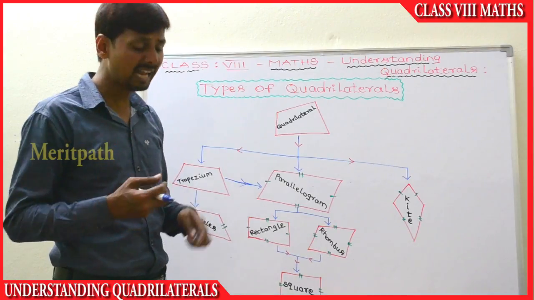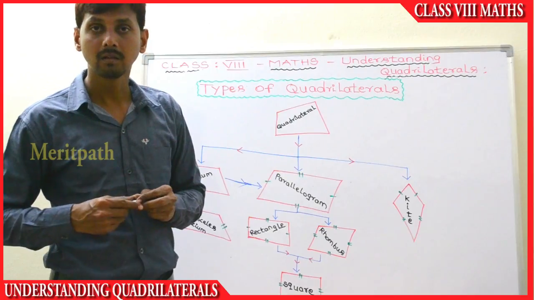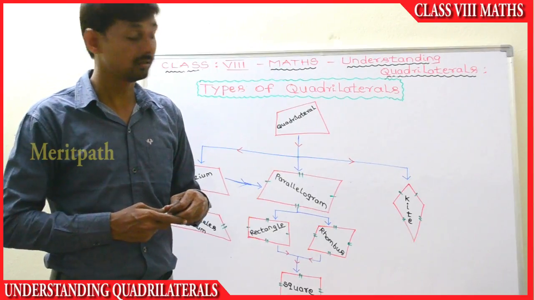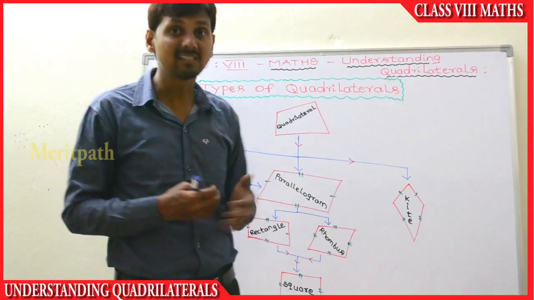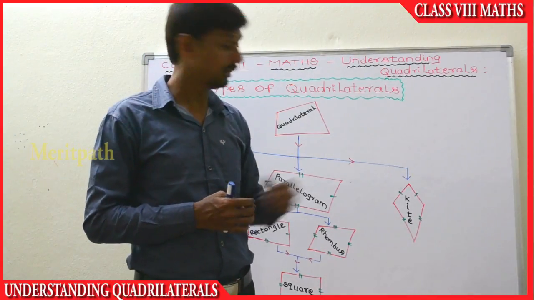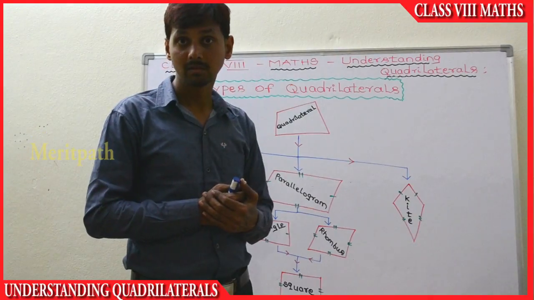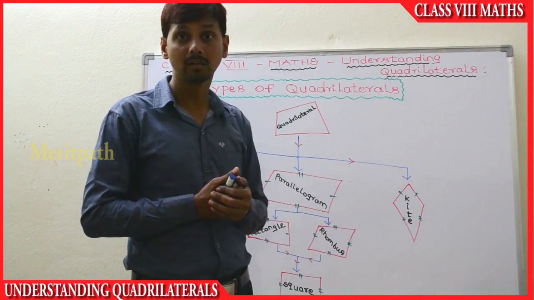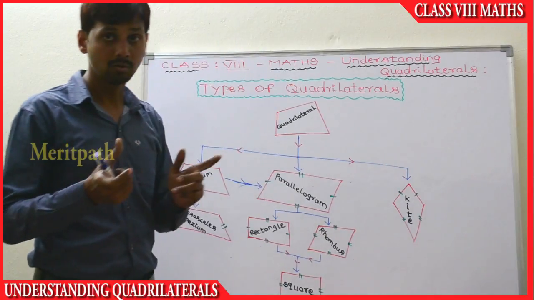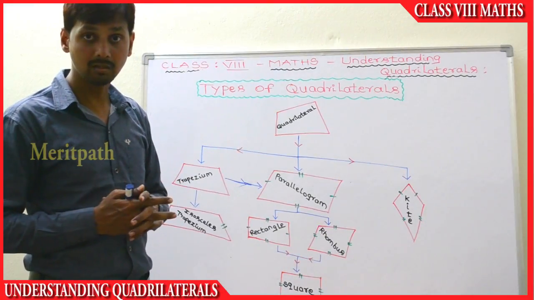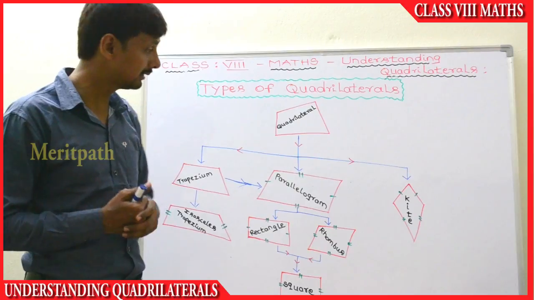Then sometimes, with a four-sided figure, a quadrilateral, adjacent sides can be equal. There are no equal opposite sides, just adjacent sides are equal in this.